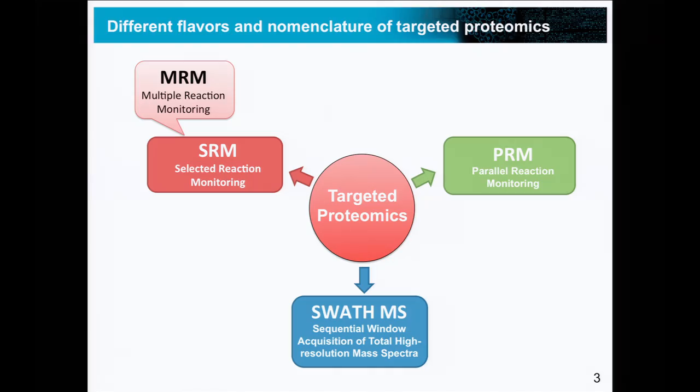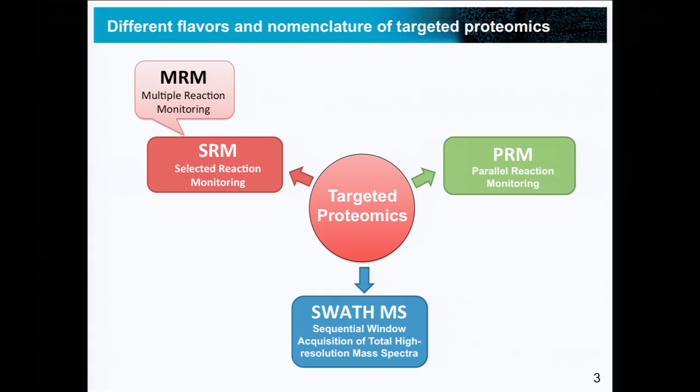What's very confusing on this slide for many people who are new in the field, and honestly also for people like me who are old in the field, is the fact that there exists a range of different names that refer to exactly the same technologies. For example, in the literature you will also find the term multiple reaction monitoring, MRM, for SRM. And both of these terms refer to exactly the same technology.